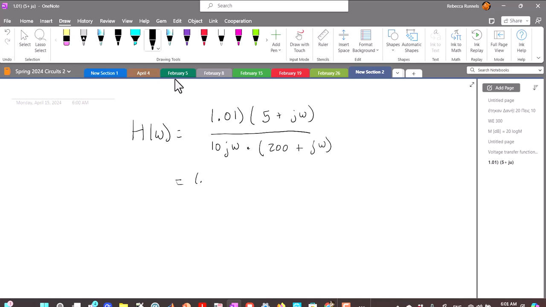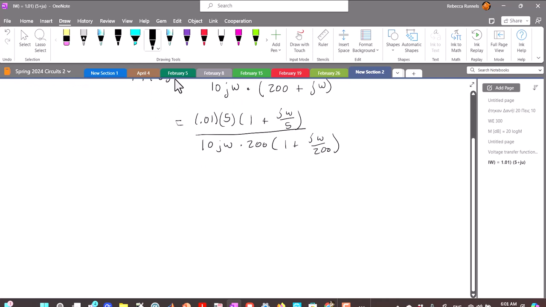So I've got my 0.01. I'll factor a 5 out, and I have 1 plus j omega over 5. Then I have 10 j omega, and then I'll factor 200 out of that, and then I have 1 plus j omega over 200. So now let's see what my constant term is.